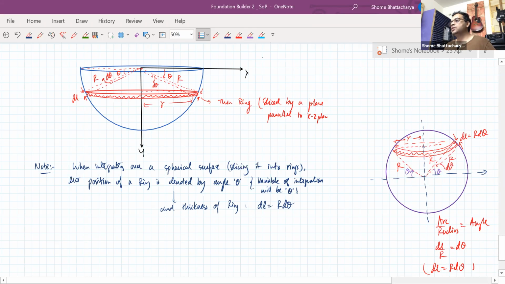So the radius of the ring will come from the trigonometry of this triangle here, this one. Okay, so you can see that this angle is theta, or this angle is 90 minus theta. So r by capital R will become cos theta. So this has radius small r equal to capital R cos theta. So these are the two important geometrical properties of that thin ring. Okay, so I'll also make a side view diagram of this next so it becomes easier to understand, but just note down up to here first.